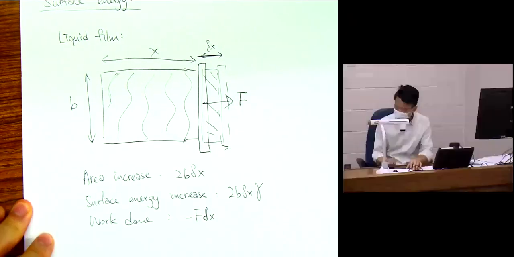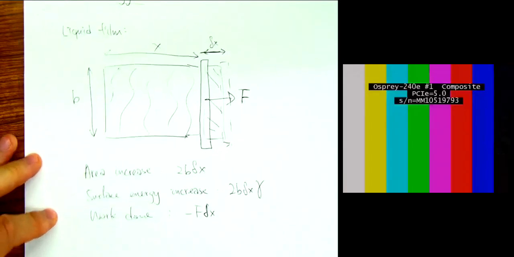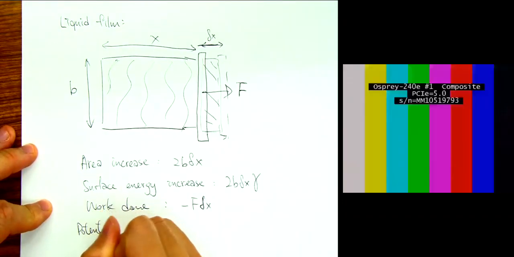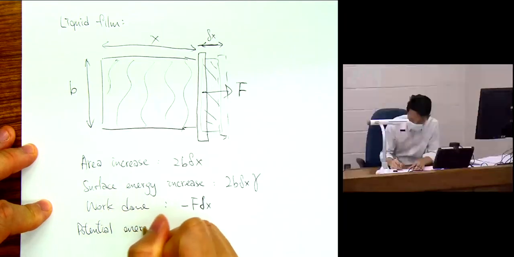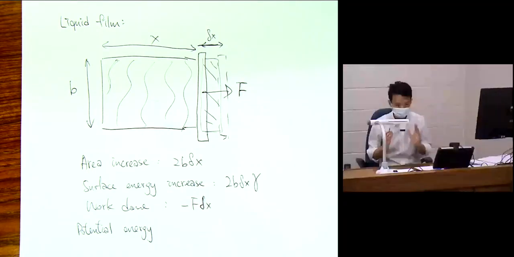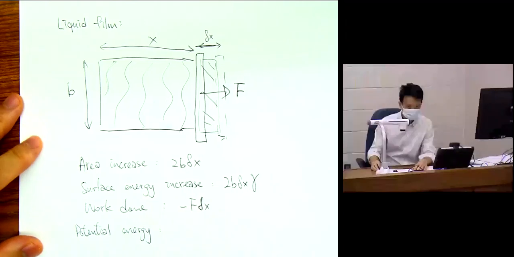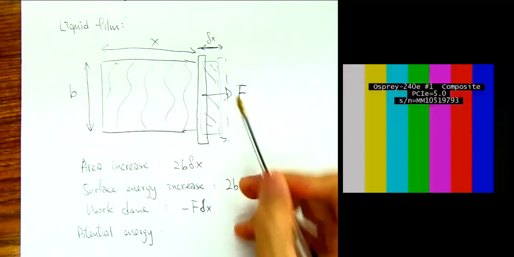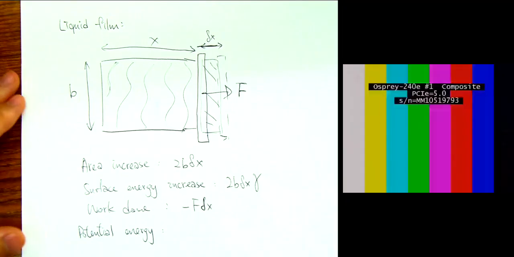Now I can write down again the potential energy or the free energy of the whole system. When I say the system, it means the liquid film plus the applied force. It's not just the energy of the film. In thermodynamics, sometimes it's not very intuitive, because we first of all have to think about the system. The system always includes the force being applied.